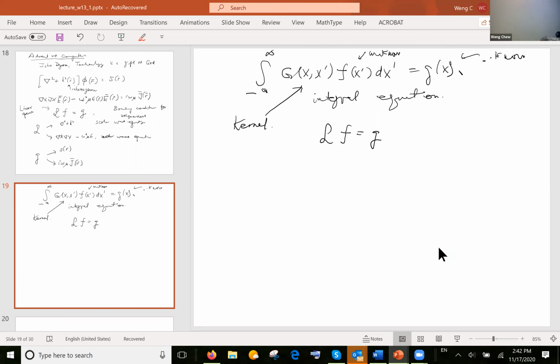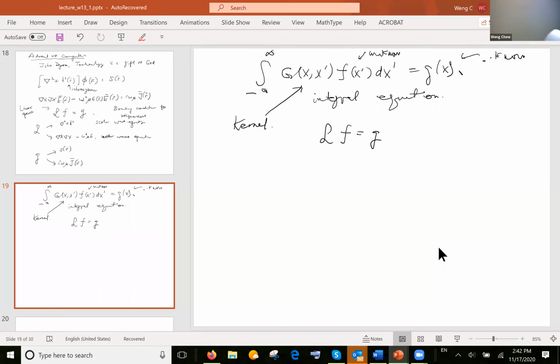So when you have an integral equation, everything can be written in this very nice form. Then the question is, how do we solve this linear operator equation?